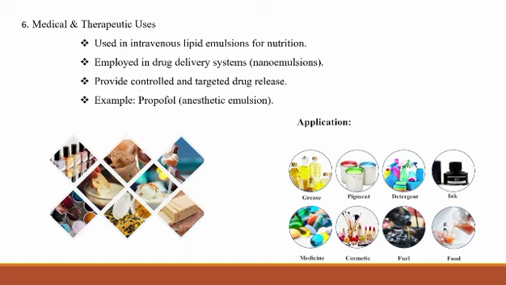Here it is also used as a grease so that it enhances the durability of the machineries in industrial applications. Pigments and paints are used in cosmetics as well as industrial sites. Detergents are prepared using emulsions and are used in our day-to-day life.